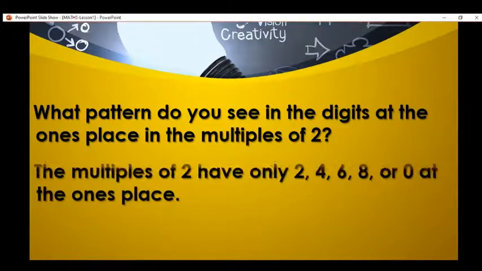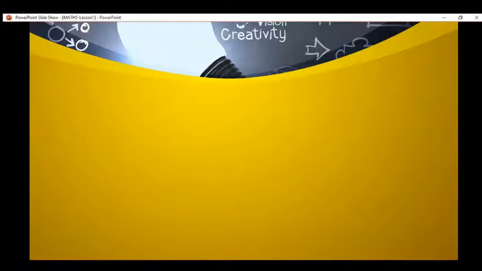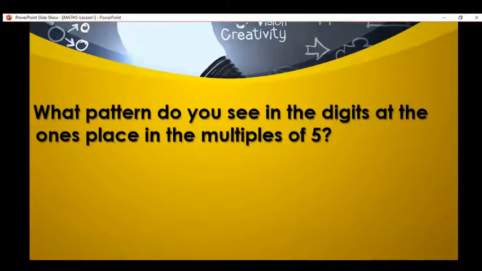Okay, very good. The multiples of 2 have only 2, 4, 6, 8, or 0 at the ones place. We can say that a number whose last digit is 2, 4, 6, 8, or 0 is a multiple of 2. What pattern do you see in the digits in the ones place in the multiples of 5? Very good.